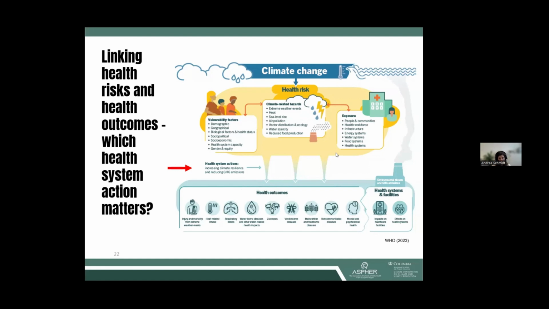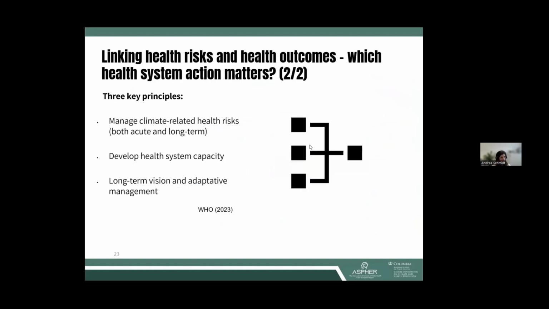And now, maybe as a bit of a surprise, I'm not going to share with you maybe the classical indicators, but really I want to share with you 3 of the key principles that are important when it comes to linking these health risks with health outcomes. 3 principles. The first one, is my health system able to manage climate-related health risks?